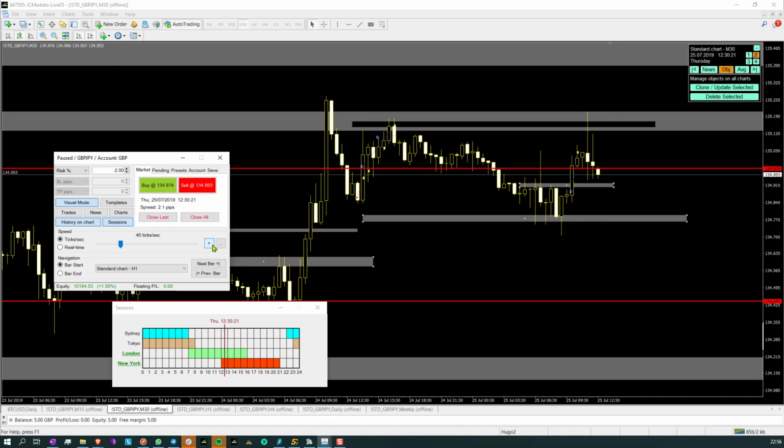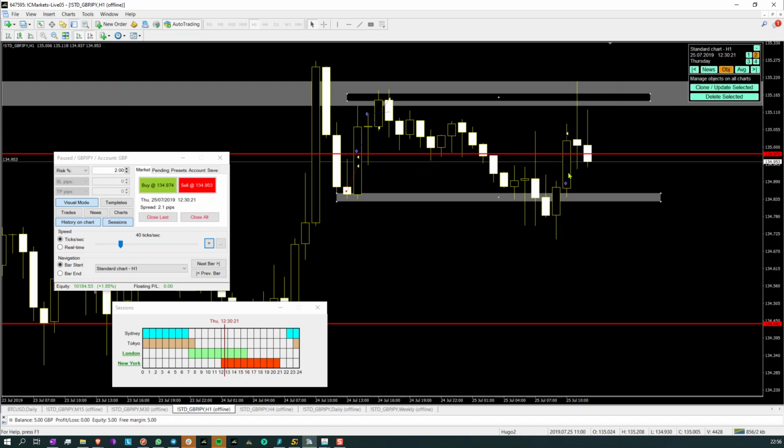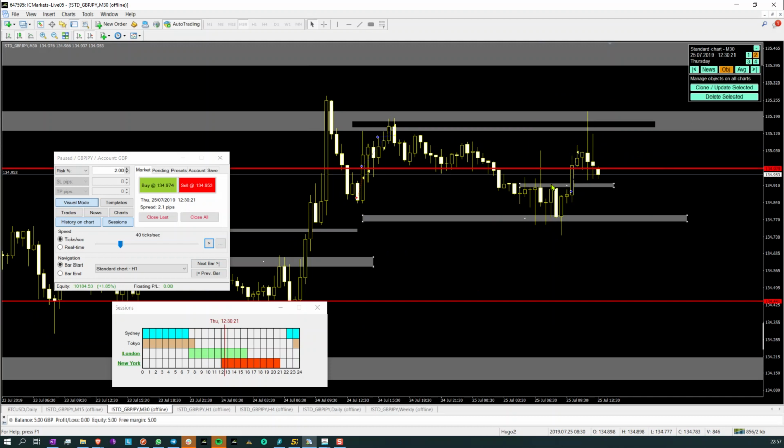Okay, now let's see. Same, we have the same problem, which is this zone in here. Same problem. Only in the 1 hour you don't see the resistance there. But here we go.